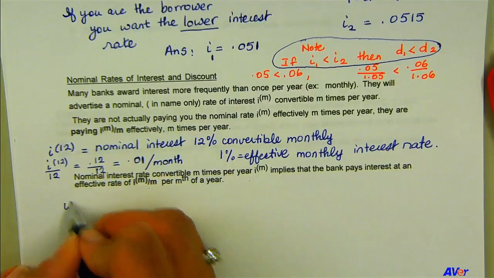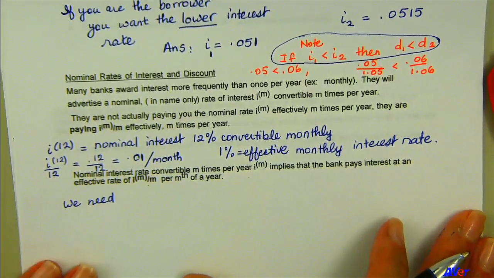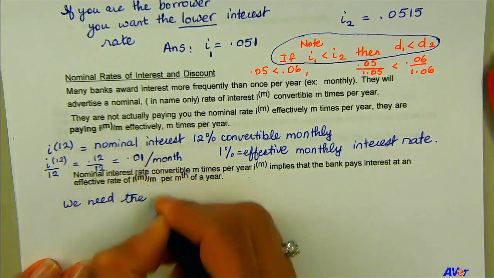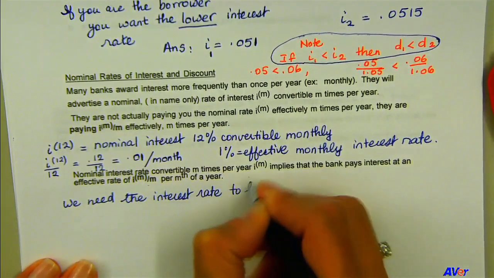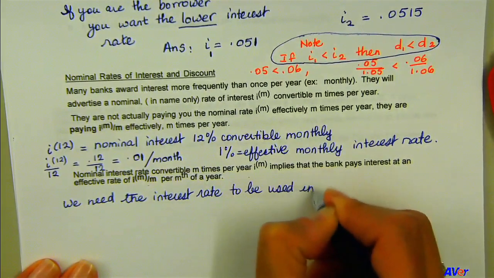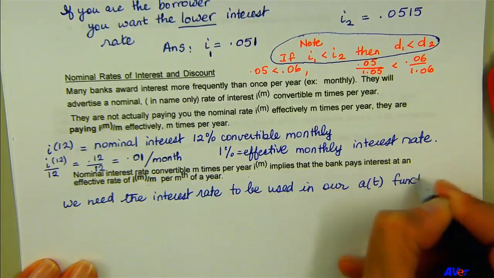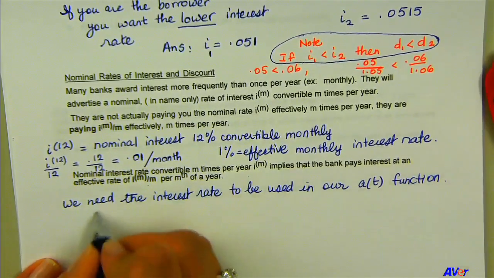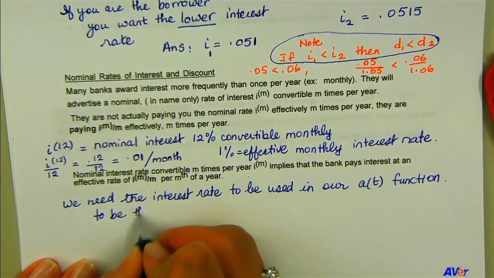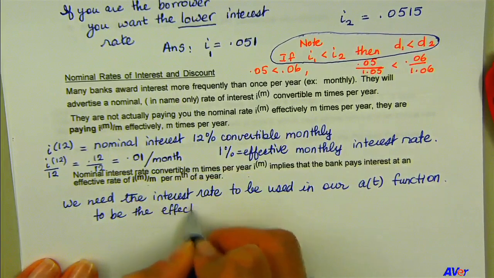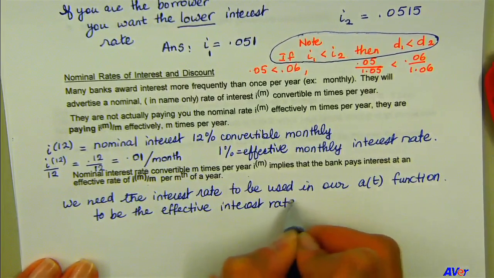So we need the interest rate to be used in our A of t function to be the effective interest rate.